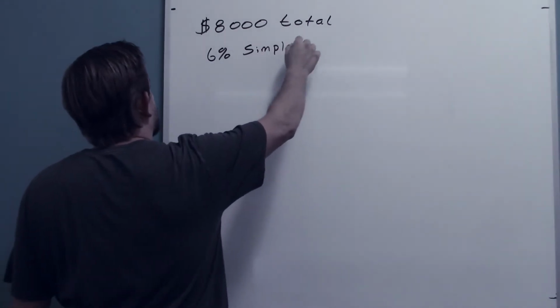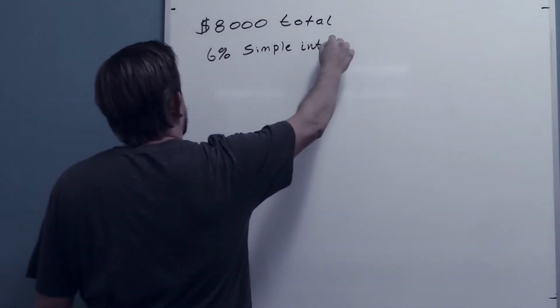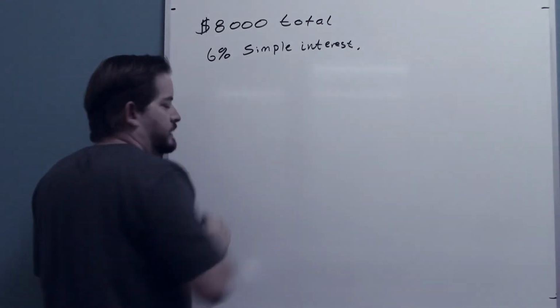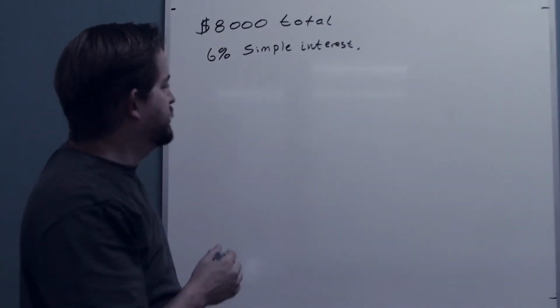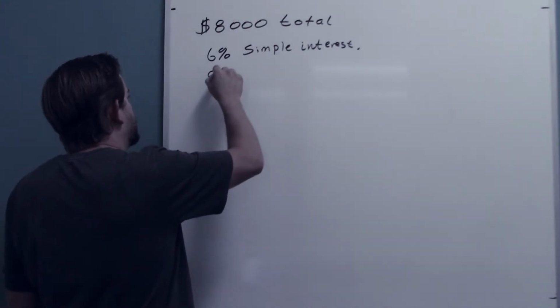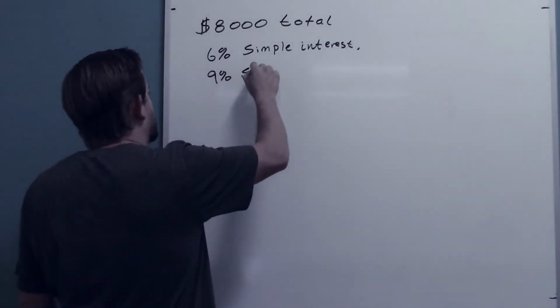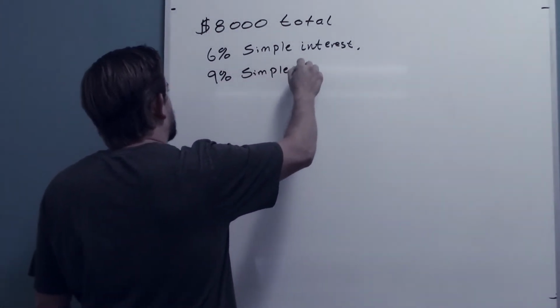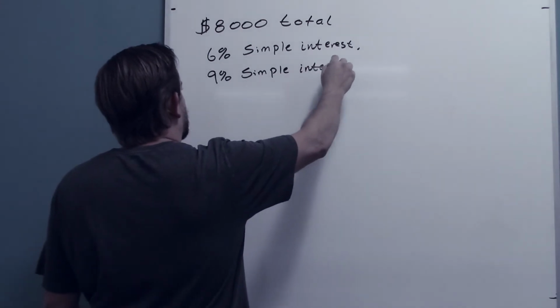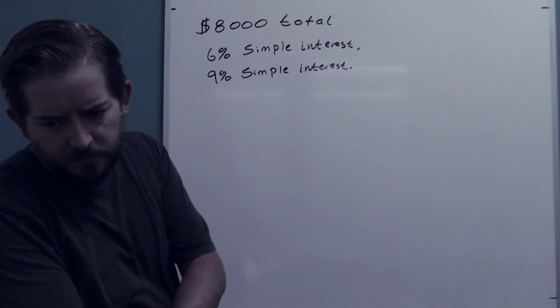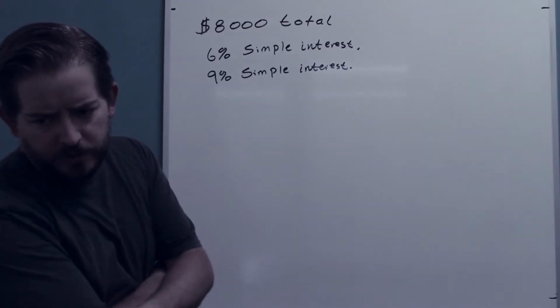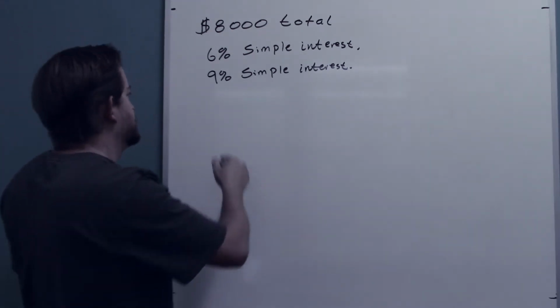Simple interest. And then we have another account earning 9%. Okay. If at the end of 1 year, the total interest is $660.